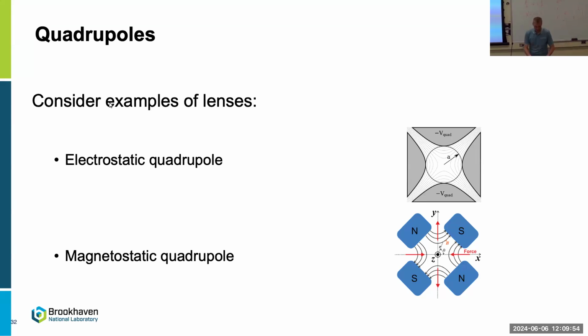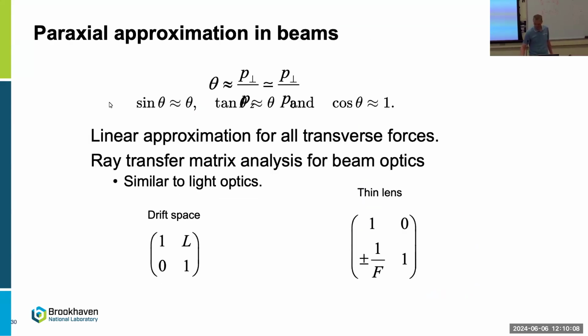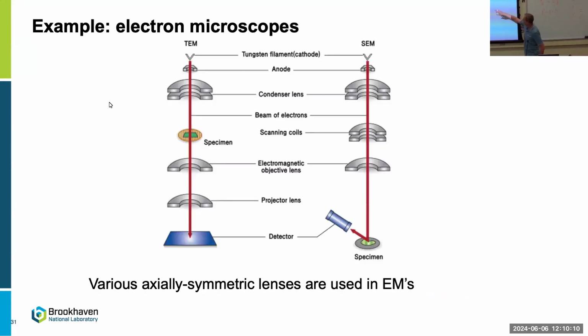Why? How does the focusing work, by the way? There are quite a few focusing elements that exist. I showed you already an example from an electron microscope, which uses some kind of condenser lenses, projection lens, those are electrostatic pancake type lenses.